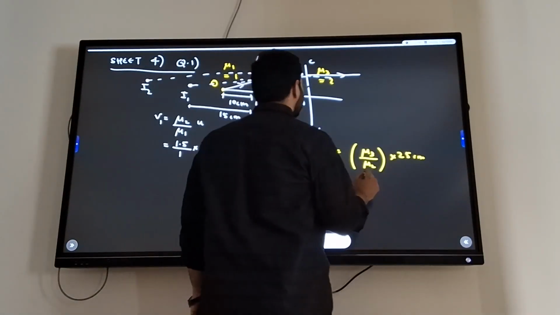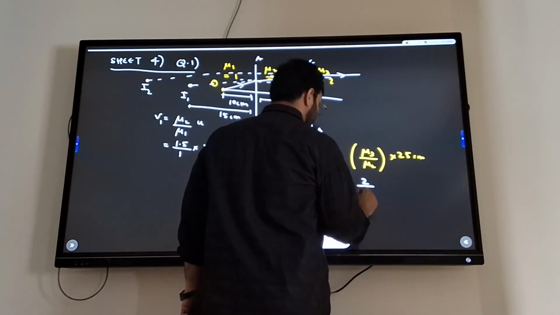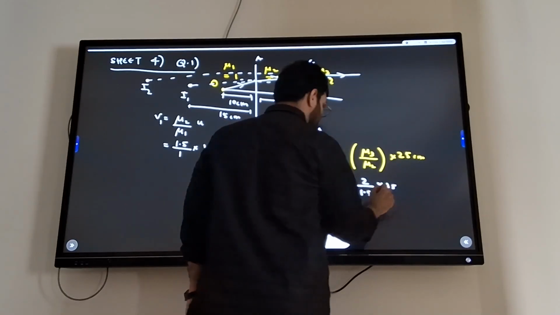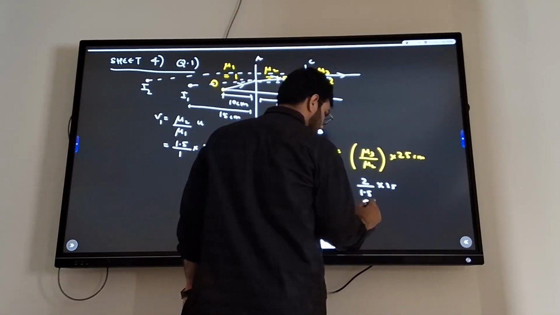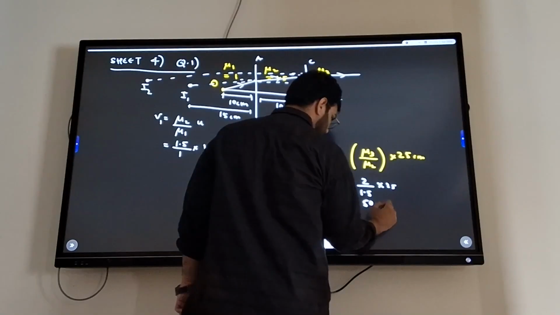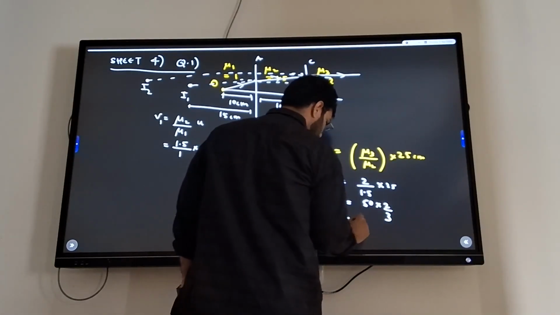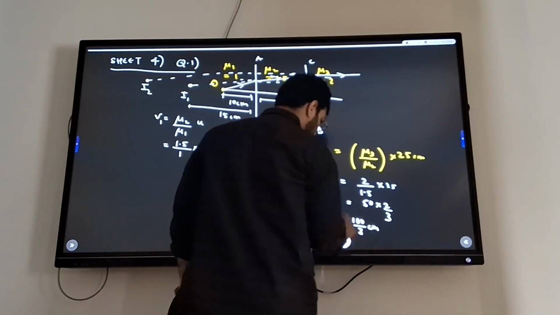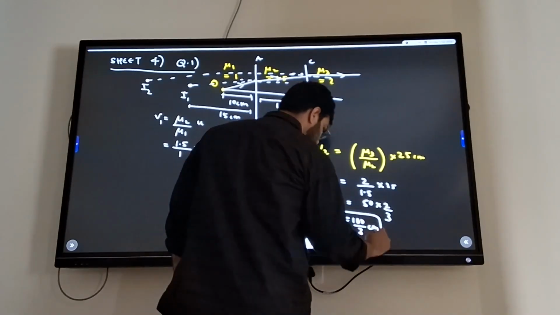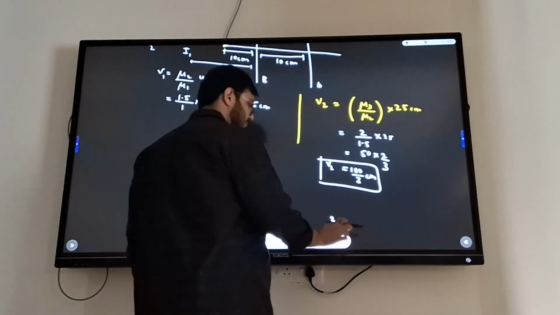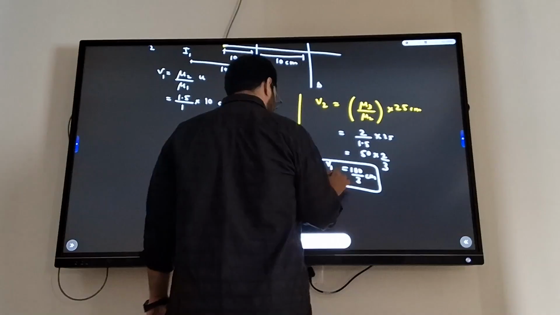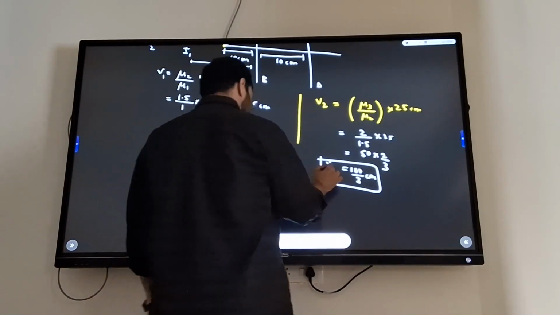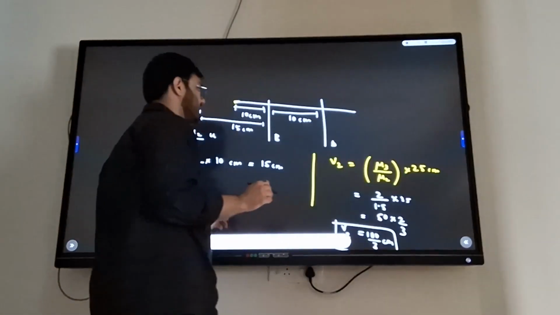What is mu3? 2 divided by 1.5 into 25. Whatever is given, so 50 into 2 by 3. This will be 100 by 3 centimeter. With respect to what? I got 100 by 3, but with respect to CD.